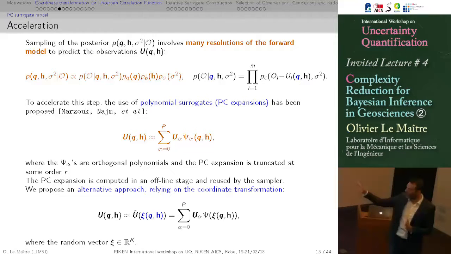So what we are proposing here instead is to acknowledge the fact that Q, in our case, is somehow the same for all H, and in fact it will be a Q of H, so to say, because we're changing the measure. So we don't have to go through this extended parametrization of the polynomial expansion. We can just use a single set of random variables.